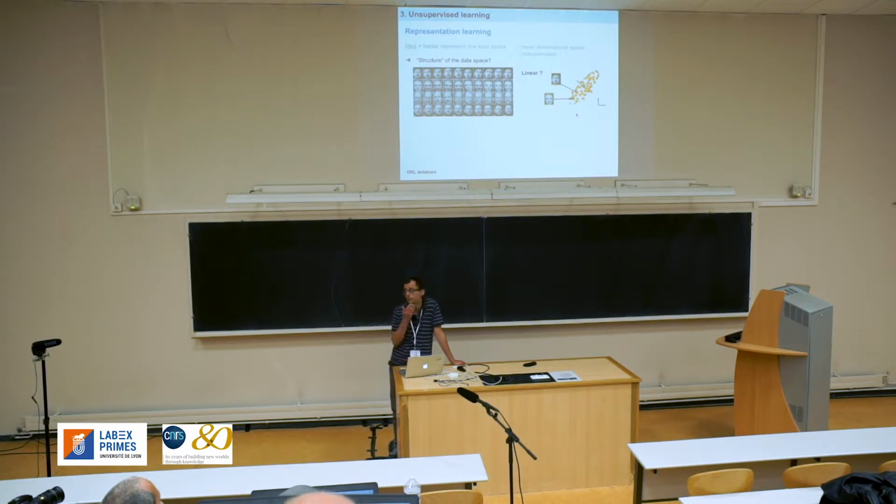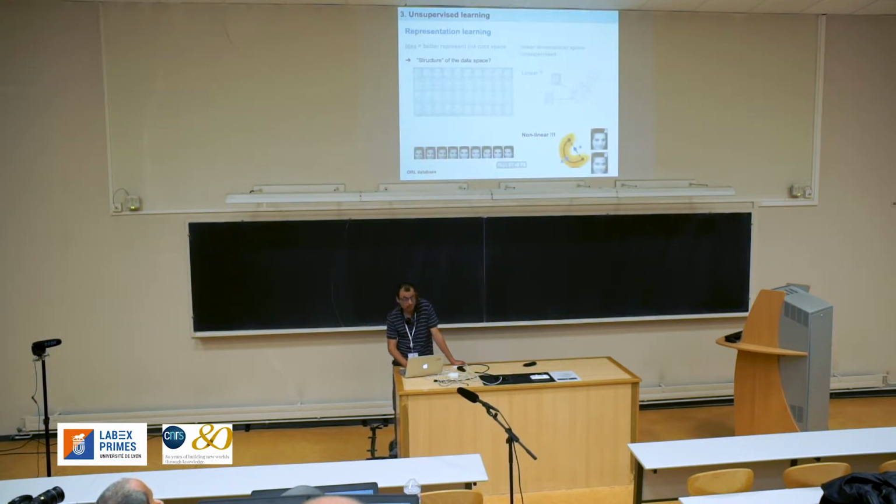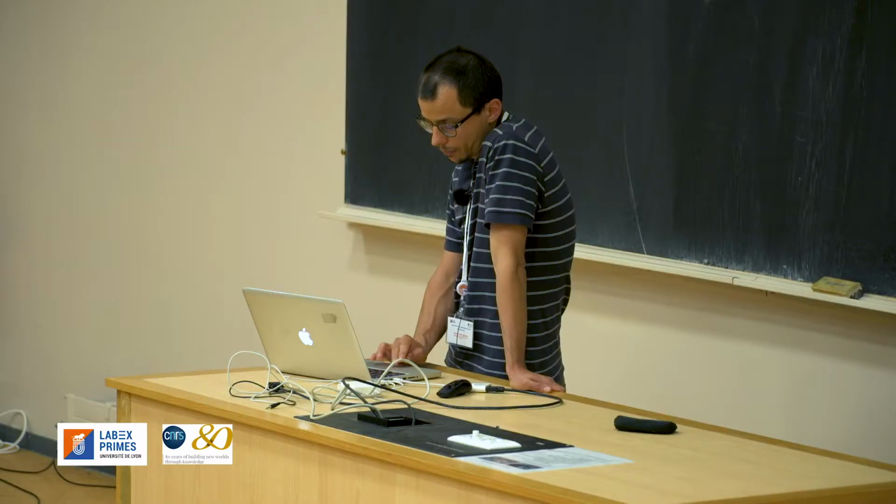And you may think that if I take a picture of a face like this and a face like this and I do the average of these faces, a classical average will not be a face anymore. It will be something, a mixed face, which is like this. So you may want to think about the structure of your data space, which may not be linear.